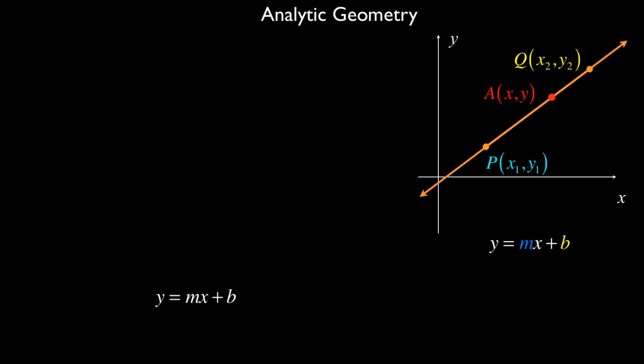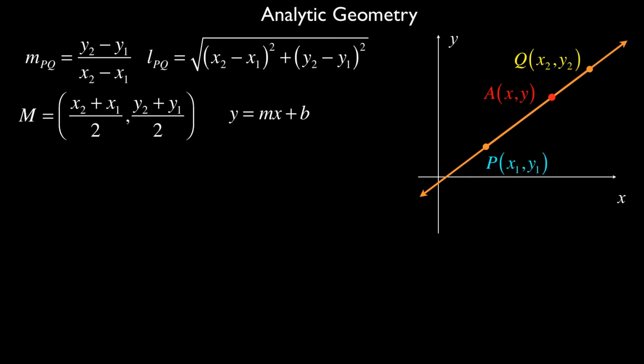We remember last year learning about y equals mx plus b, or the year before, recalling that the m represented the slope of the line through P and Q, and b ended up being the y-intercept. And so all of that algebra really reduces to y equals mx plus b. So the good news is we now have a fourth formula that we're going to use for doing our problems.